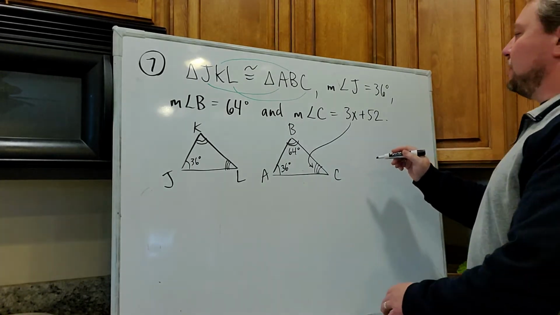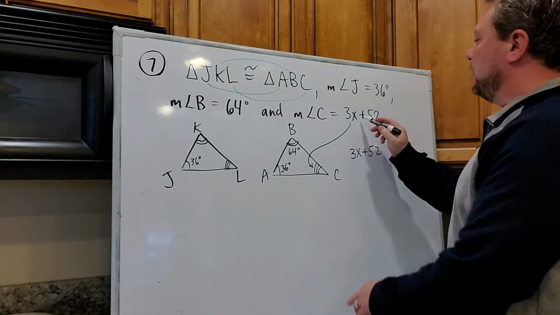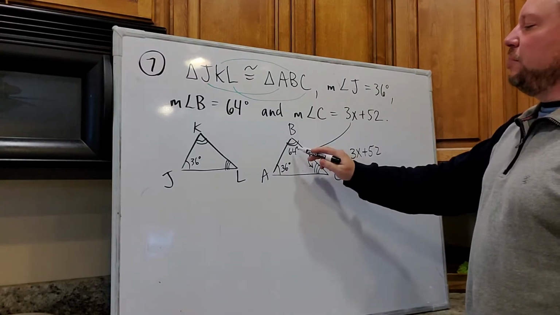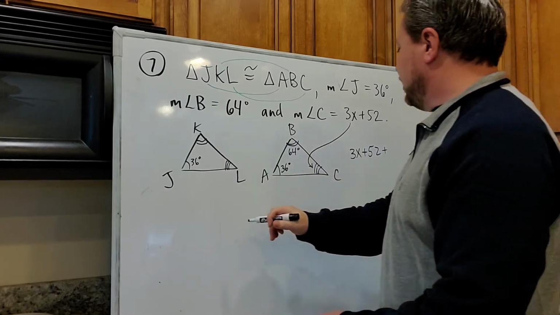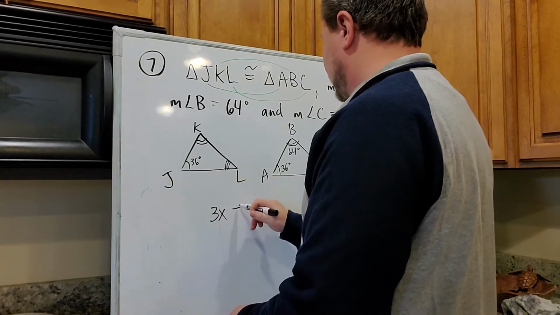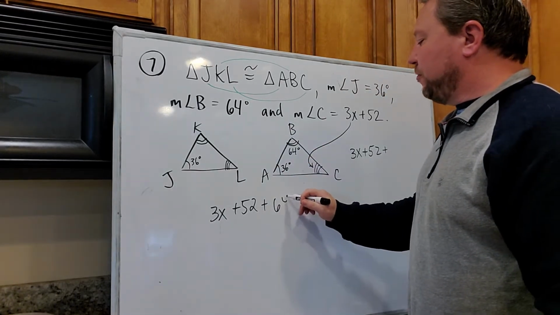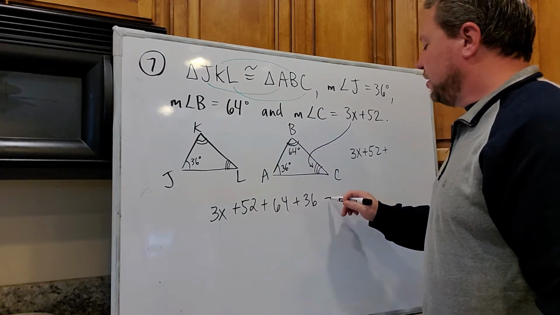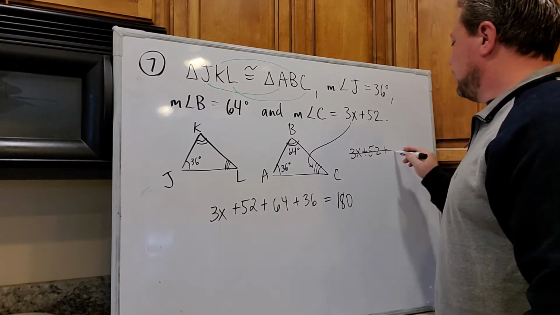So off to the side here, we're going to do this equation. We're going to say that the 3x plus 52 plus these other two, let's do it down here where I got more space, plus these other two, the 64 and the 36. Okay, all three of those have to add up to 180.